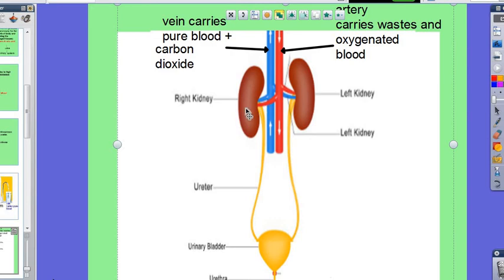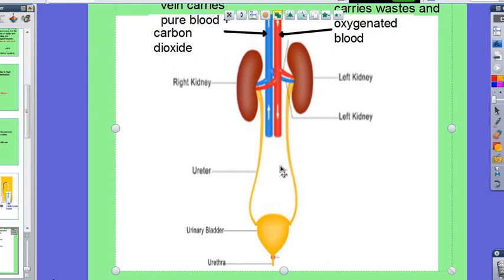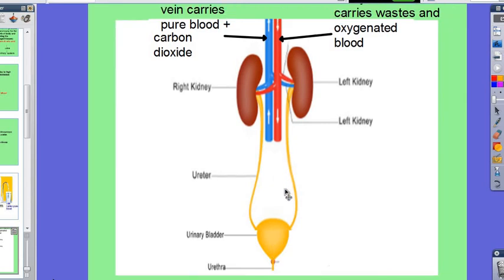The two kidneys will work as a filter, like the one inside our home, and will filter the blood like water. After the filtration, the wastes will be transferred into two ureters, then stored inside the urinary bladder, then get out from the urethra.